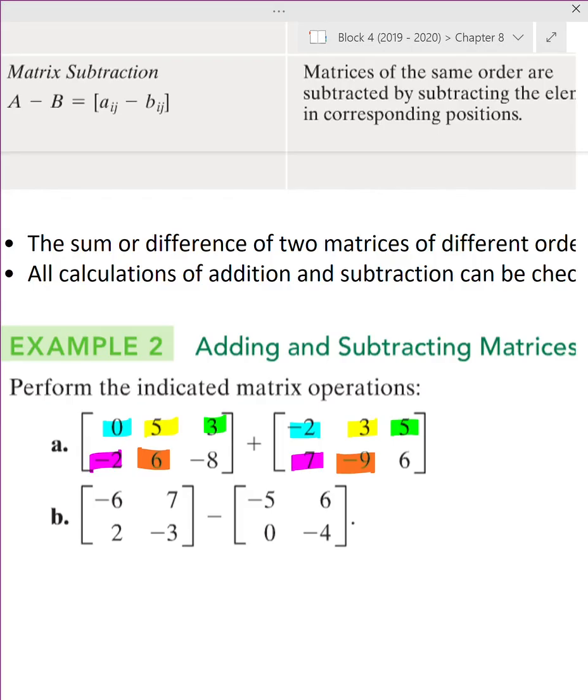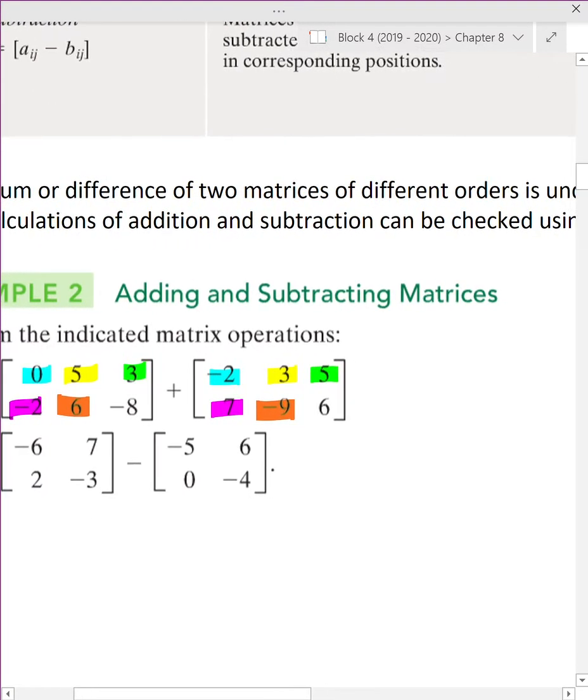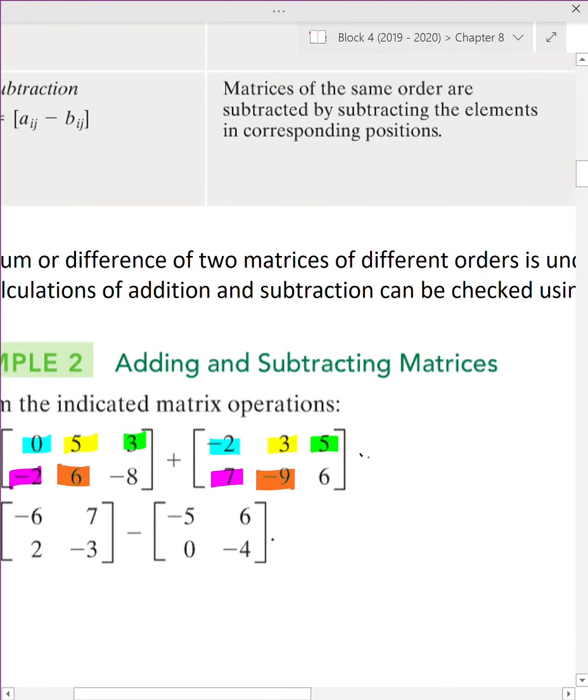Okay, so when I go to write this, 0 plus -2 is -2. 5 plus 3 is 8. 3 plus 5 is 8. Then -2 plus 7 is 5. 6 plus -9 is -3. -8 plus 6 is -2. And that is going to be our answer.